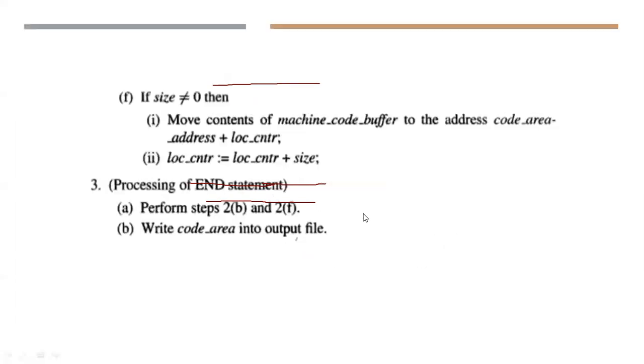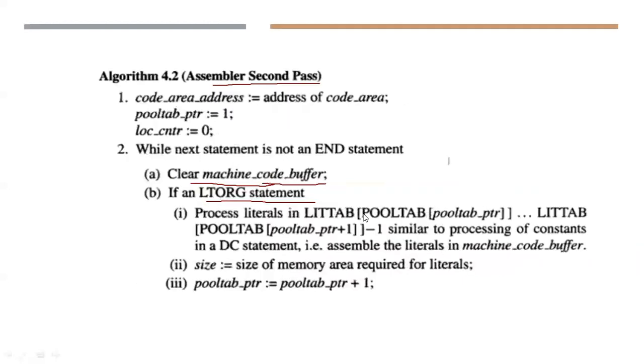Okay, let us go to the algorithm. So here, process literals in literal table, pool table into the bracket pool table underscore pointer. This nesting is done. Next is literal tab into bracket pool tab underscore pointer minus 1 is similar to the processing of constants in DC statements.